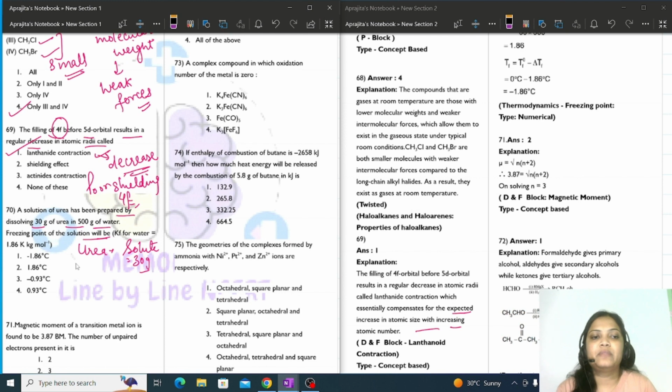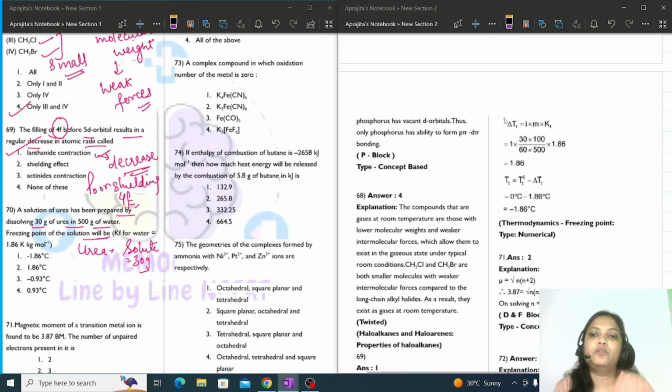The formula of delta Tf is i into m into Kf, where Kf is the freezing point lowering constant, m is the molality and i is the Van't Hoff factor, which depends on how many ions are produced.